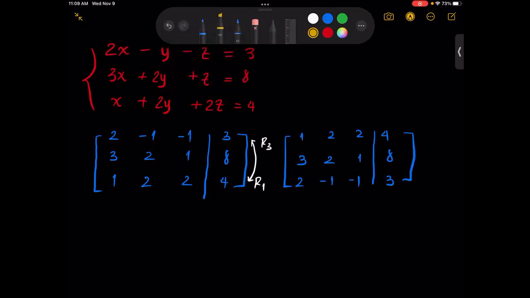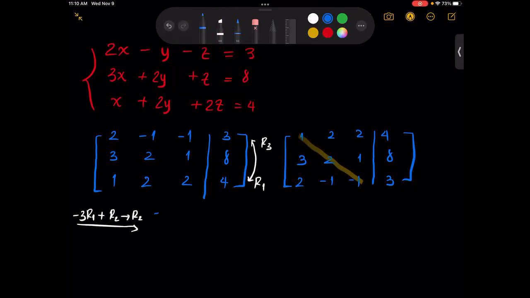I identify your diagonal, which is that one. Everything below the diagonal has to be 0, starting with that one, right? So what do I do? For R2, we're going to use the first row. So -3 times R1, add R2. That gives me the new R2.